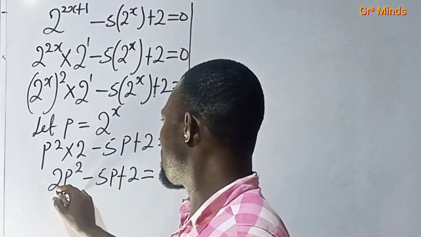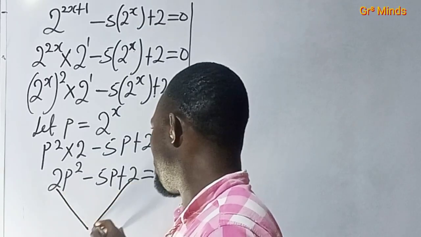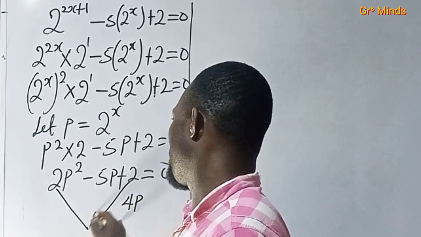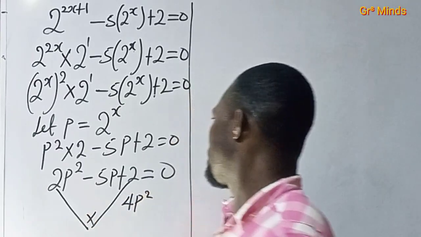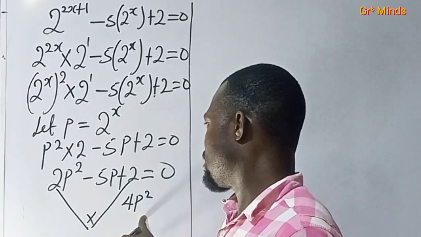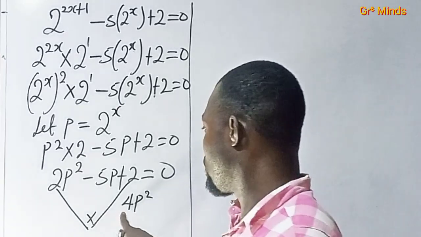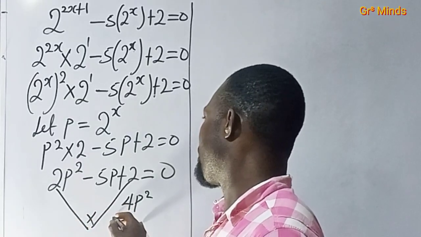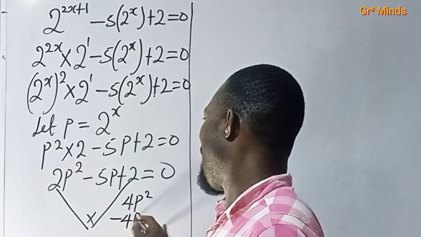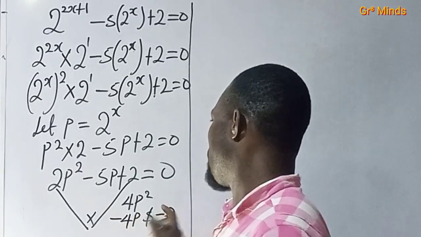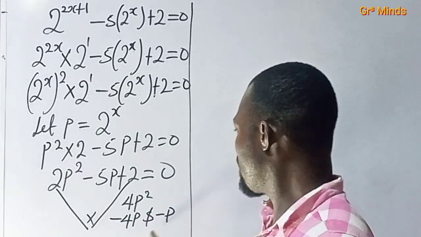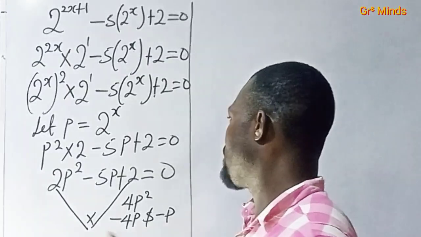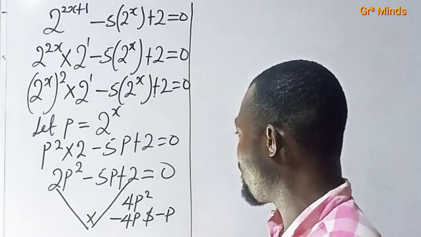How do we solve this? Pick the first term, multiply by the last term. We are going to have 4p squared. Now, what are the two numbers that will be multiplied together to give us this and added to give us minus 5p? Of course, we are going to have minus 4p and minus p, because minus 4p multiplied by minus p will give us plus 4p squared, and when you add them up, you have minus 5p.